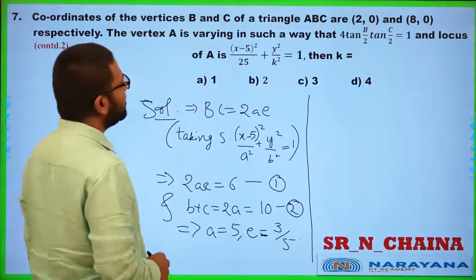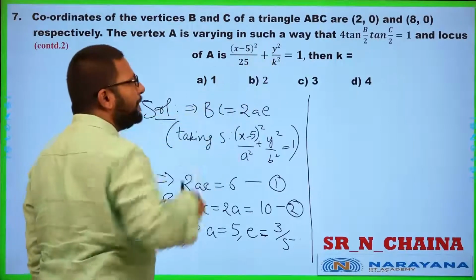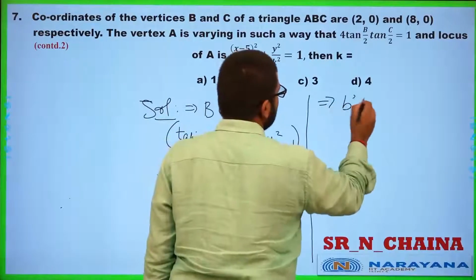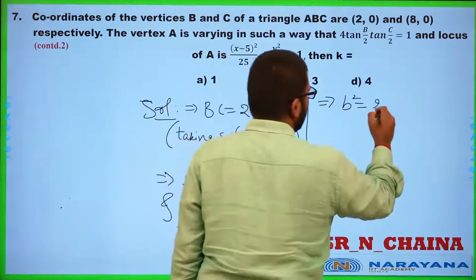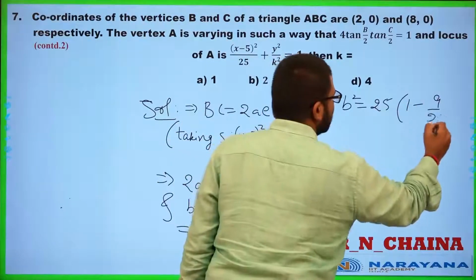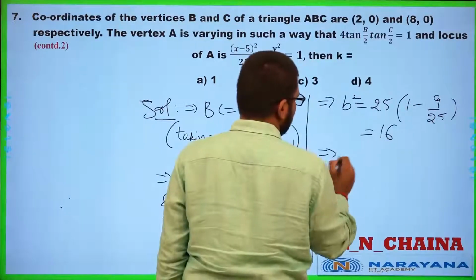Now we actually need the value of B. B square is A square, which is 25, into 1 minus E square, which is 9 by 25, which is 16.